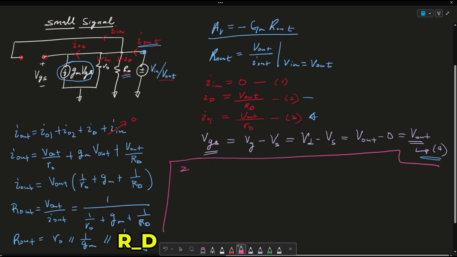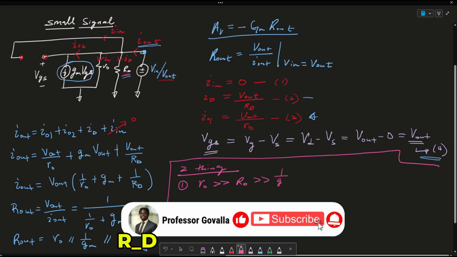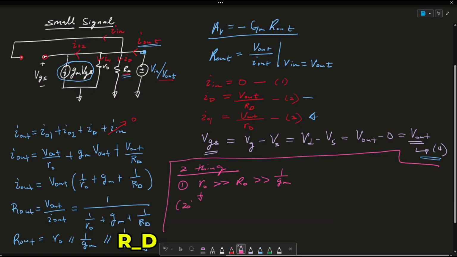So now there are 2 things we want to note about our results. The first thing is to consider RO much greater than RD, which is much greater than 1 over GM. Again, RO ranges from 20K all the way to 100K ohms. RD, on the other hand, ranges from 5K to about 10K ohms.